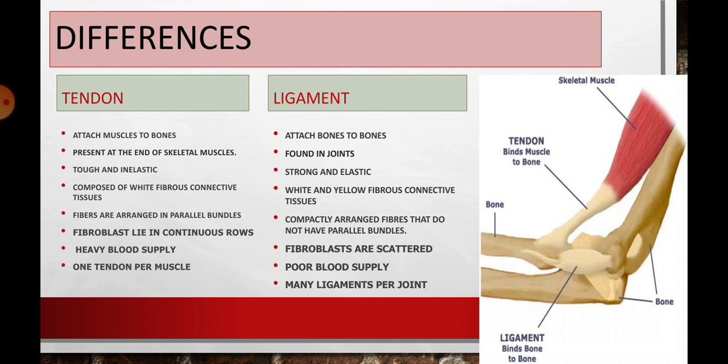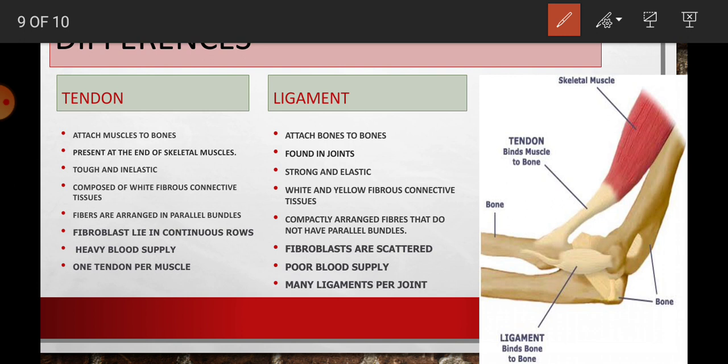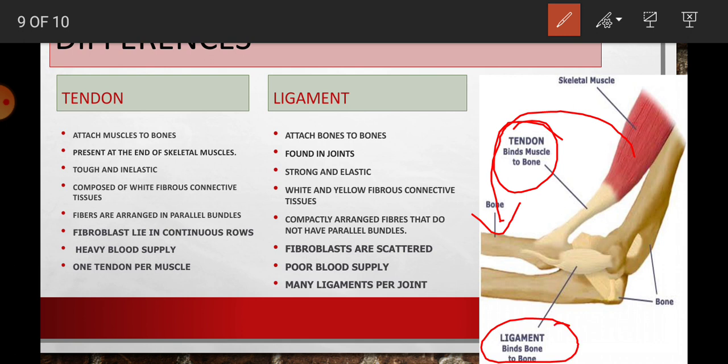First one is that tendons bind muscle to bone and ligaments bind bone to bone, and tendons are present at the end of the muscle, ligaments are found only in joints.